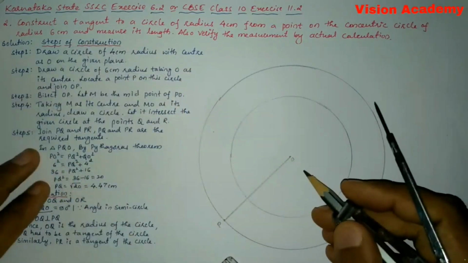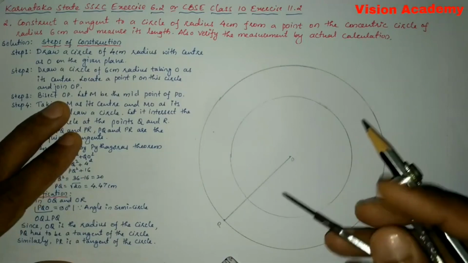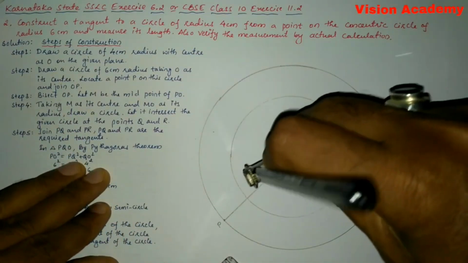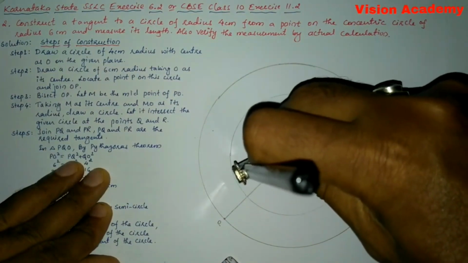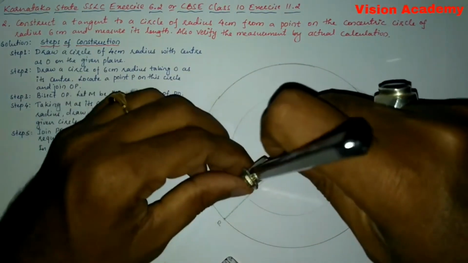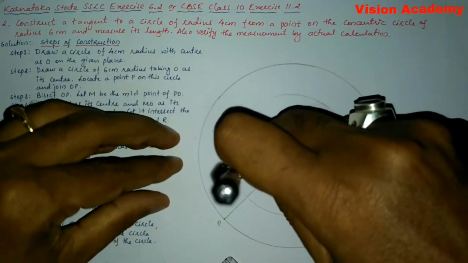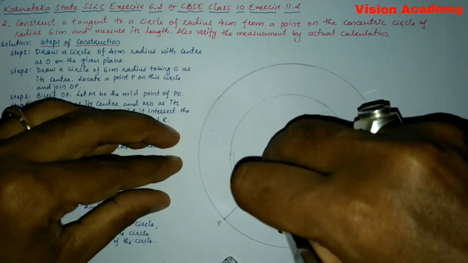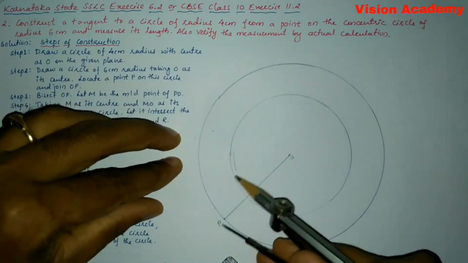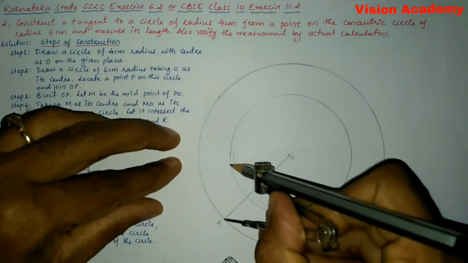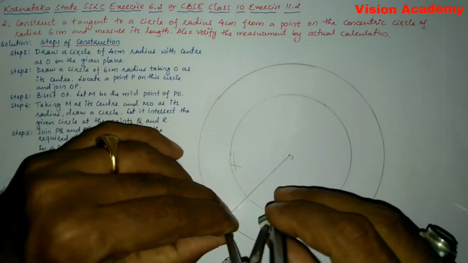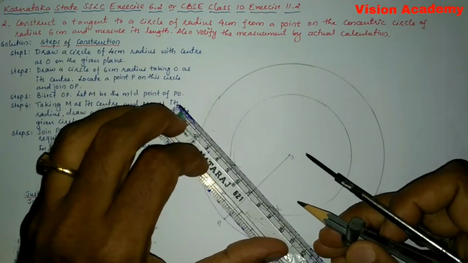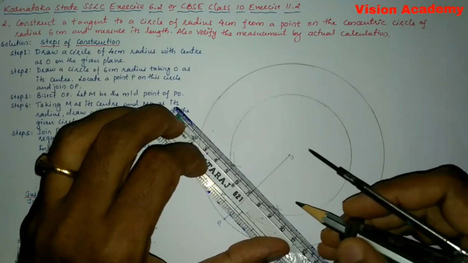So next, third step, bisect OP. So in order to bisect OP, we'll have to take a length which is more than half of the length of OP. So let us cut here and take one more arc here, keeping the same length. You can intersect this arc and intersect this arc here, and let us join both of these two intersected points.